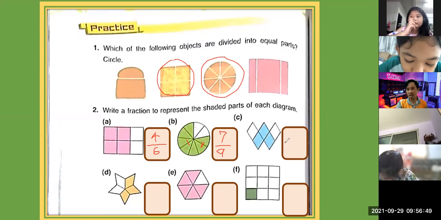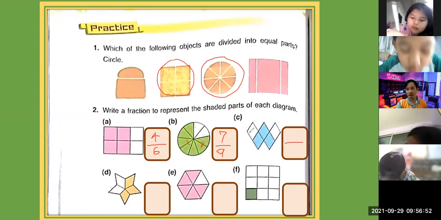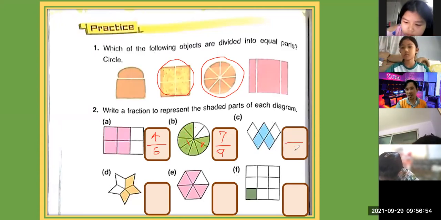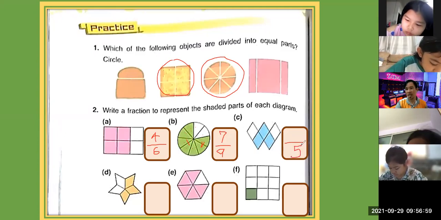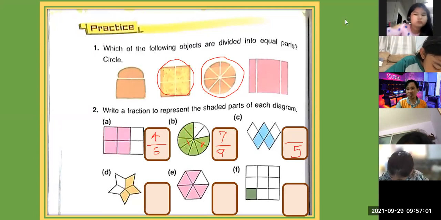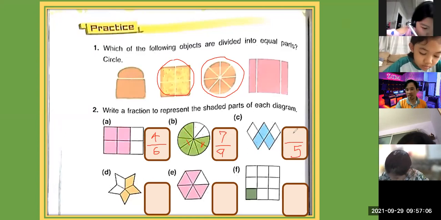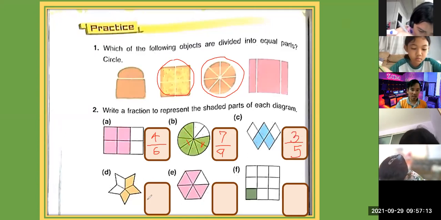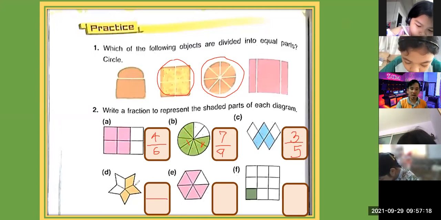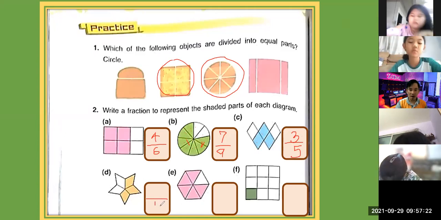How about here, letter C? There are 5 equal parts. And how many parts were shaded? 1, 2, 3. So right here, 3 over 5. How about in letter D? How many equal parts? 5 equal parts, right?